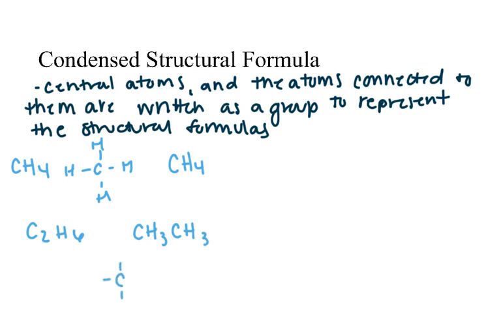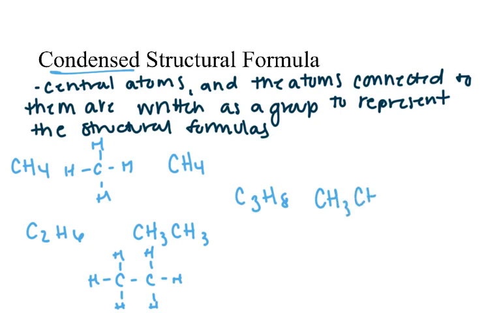We had C with 3 H's, and then we had C with 3 H's on the side. So we're just condensing everybody. It's in the name. So if we look at C3H8, I'm not going to draw the structural formula for this, and we're just going to draw the condensed. We have CH3, CH2 in the middle, followed by CH3 on the side. All right, so we're just condensing. It makes it a little bit easier for us to draw.